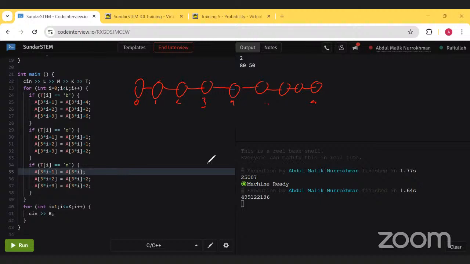So if we have an O here, let's say at some point the character is O. So that means we can imagine that the graph is like this.